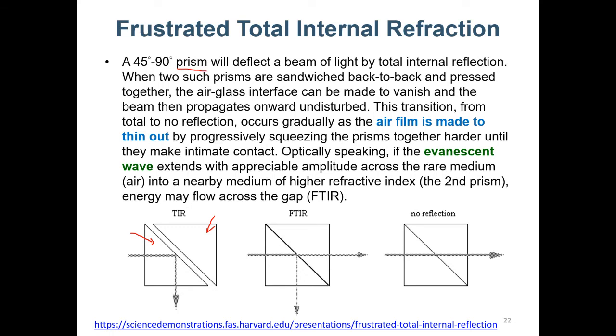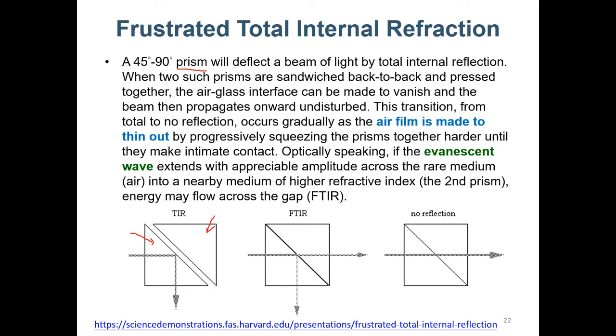So all the light will go through. There will not be total internal reflection. But suppose we place these two prisms close but not touching each other, then some of it will be reflected and some of it will go through. This is very interesting.